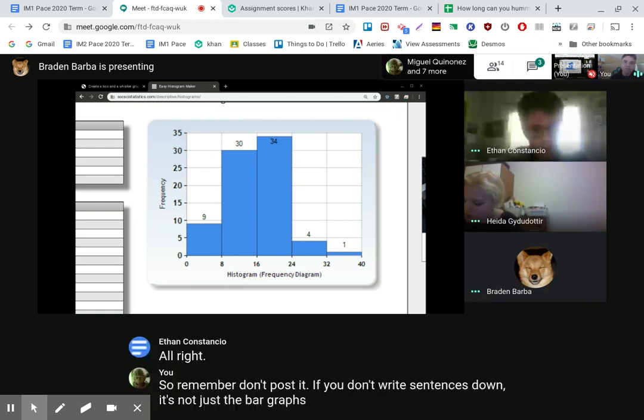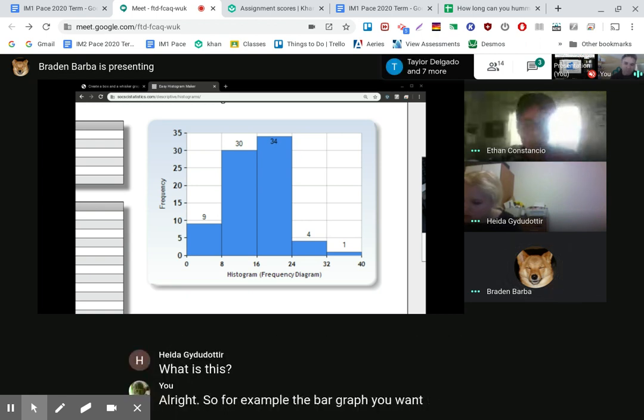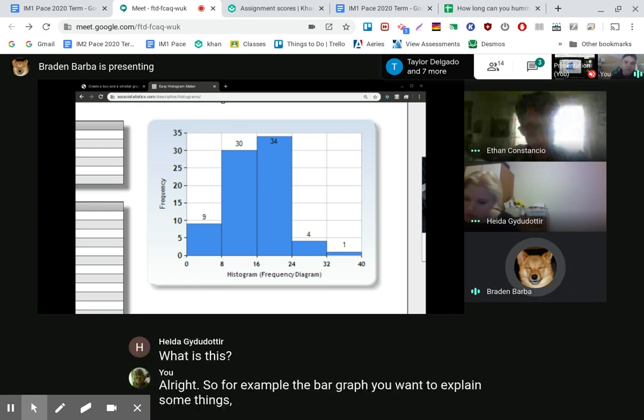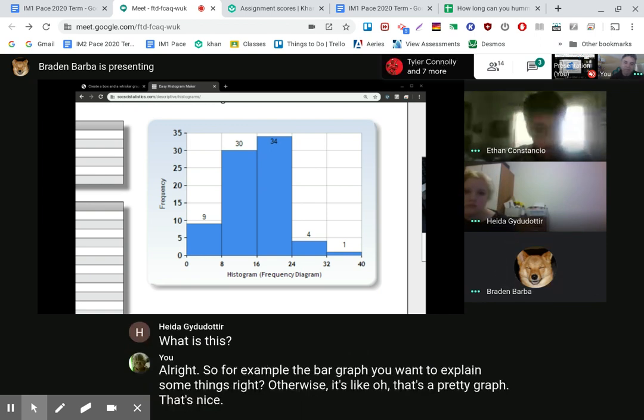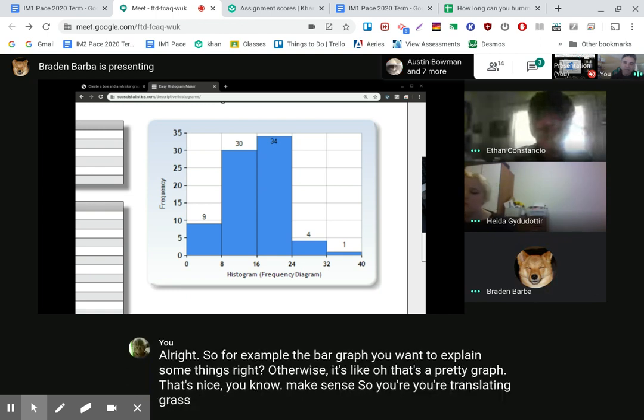You are explaining it. You are turning graphs into English. For example, with the bar graph, you want to explain some things. Otherwise, it's like, oh, that's a pretty graph. That's nice. Make sense? So you're translating graphs into your explanations.